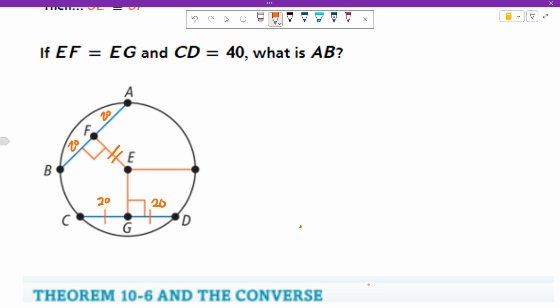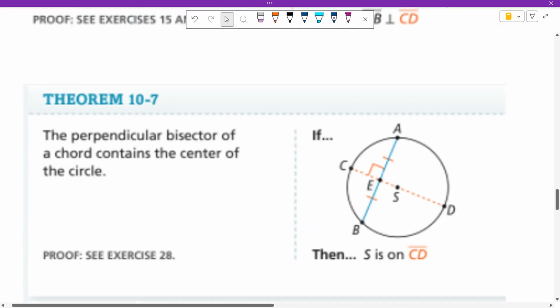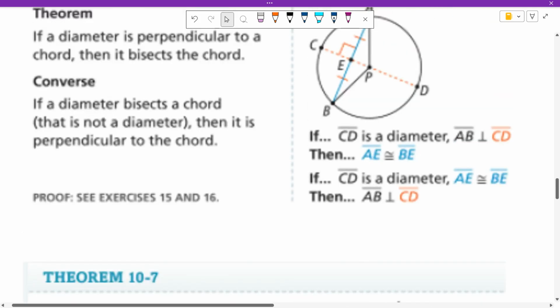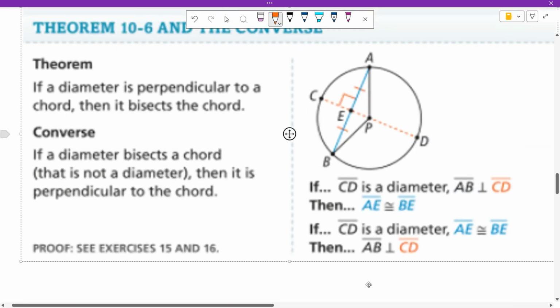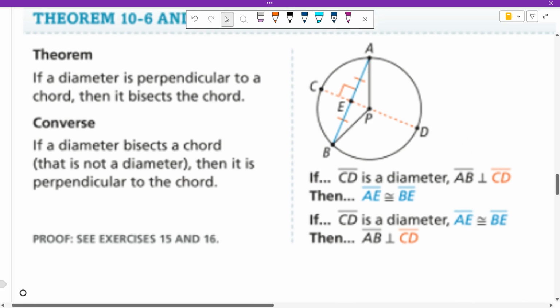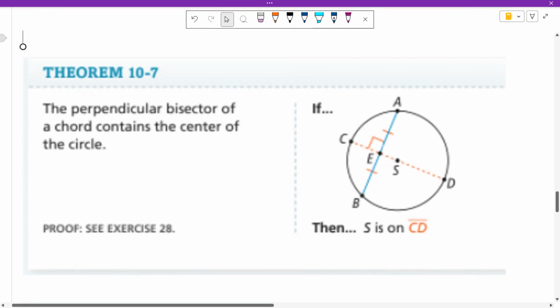Because if this is congruent to this, they're the same distance away from the center, then this is congruent to this. If a chord is perpendicular to a diameter, it cuts that chord in half. There's lots of theorems. If these two are congruent, then this is perpendicular.